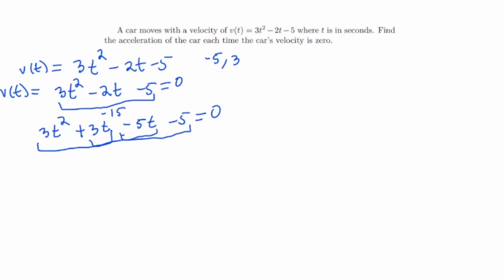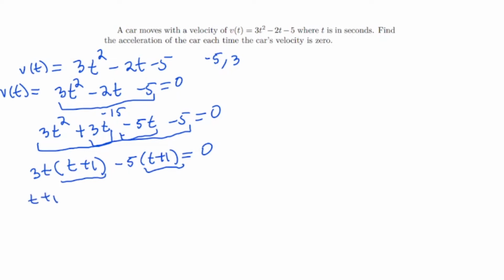So pulling out a common factor here, we pull out a 3t. If we pull out a 3t, we get a t plus 1. And over here, if we pull out a 5, we get a t plus 1, which is equal to 0. And so this is the same factor, so we can pull out a t plus 1.